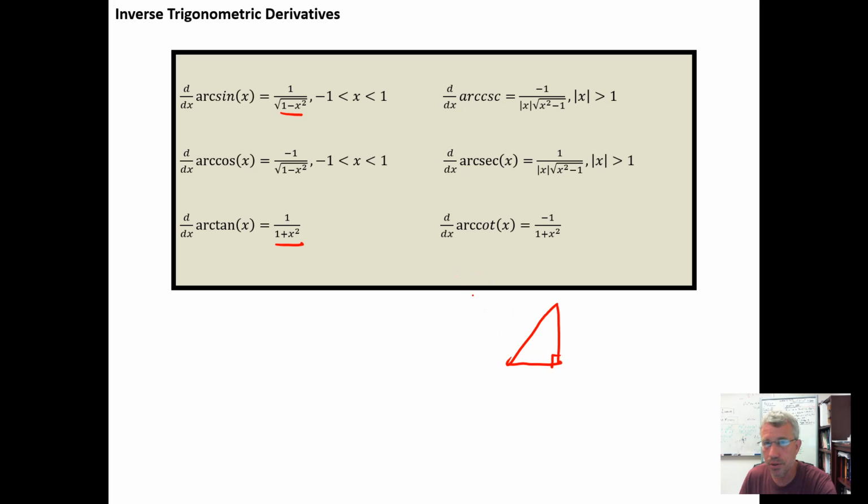in the previous video. If we have a difference of two squares, then this is a 1 squared is 1. So the first thing that's being squared, if we have a difference of squares, is a label for the hypotenuse. And then the second term that's being squared is one of the legs of a right triangle. And then the square root of the difference of the squares gives you the other leg.